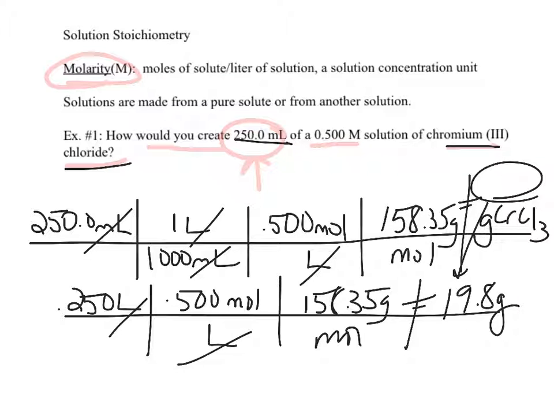If I were making this, I'd probably dissolve it in a 100 milliliter beaker, quantitatively rinse that, transfer all of that into a volumetric flask, and you'll see pictures of this in your textbook, and then at that point dilute to the 250 milliliter mark. You would have to write those steps out in order to complete this problem.